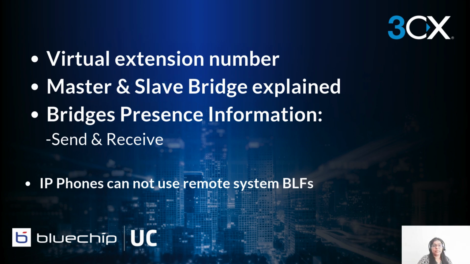Now coming to the slave bridge, which initiates the register request so that it authenticates to the master bridge. Once the authentication is successful, it will establish a two-way connection between the two systems, where they can now call each other through the bridge.